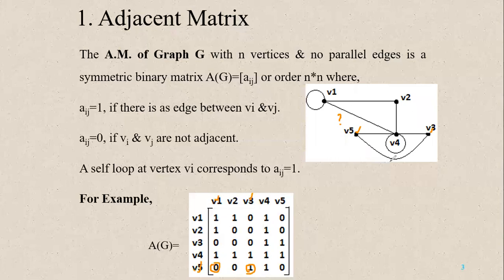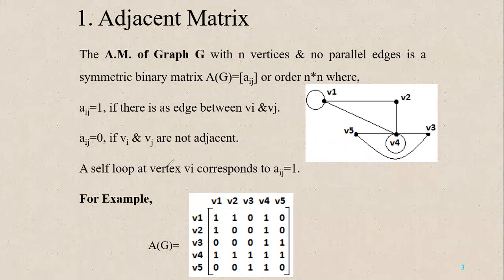In general, Aij is equal to 1 if there is an edge between Vi and Vj. It means simply that the two vertices are adjacent. Adjacent means we write 1. If not adjacent, 0.